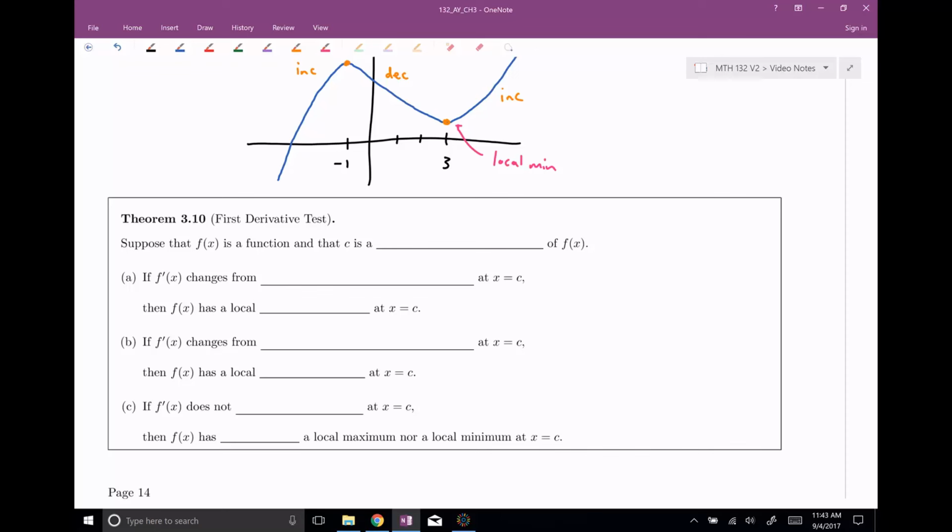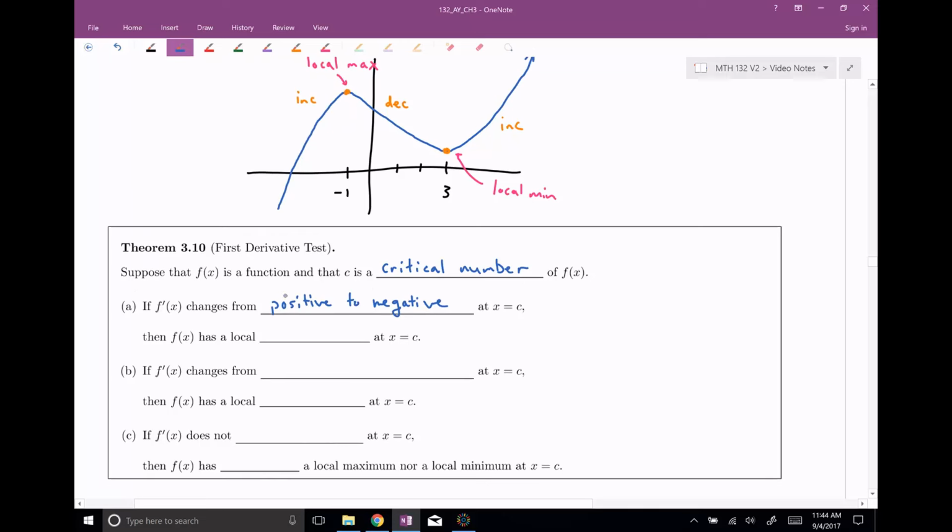So here we go, the first derivative test for classifying critical numbers. Suppose f of x is a function and c is a critical number of that function f. Then, if the derivative changes from positive to negative at that critical number c, then f has a local, well, let's pause for a second.